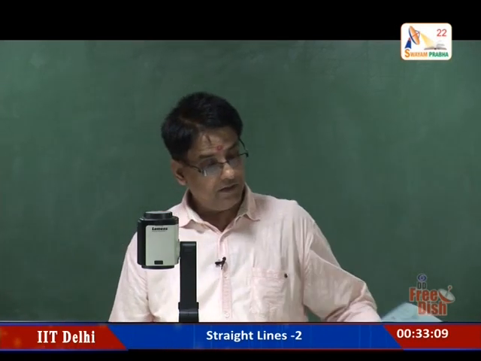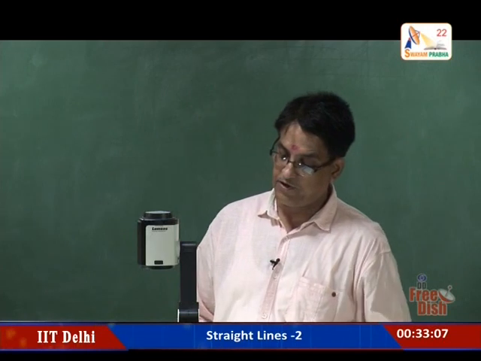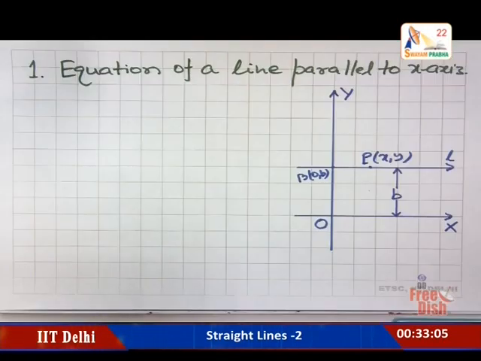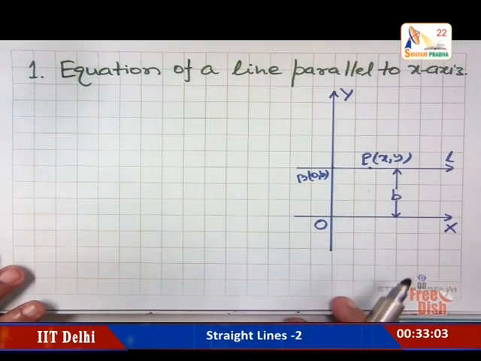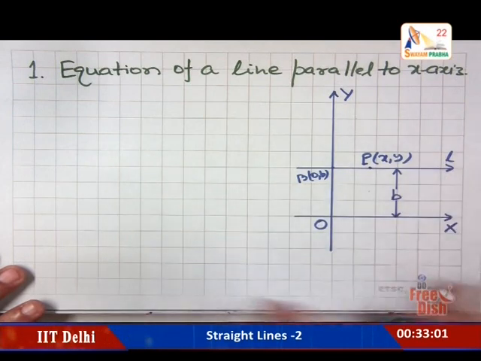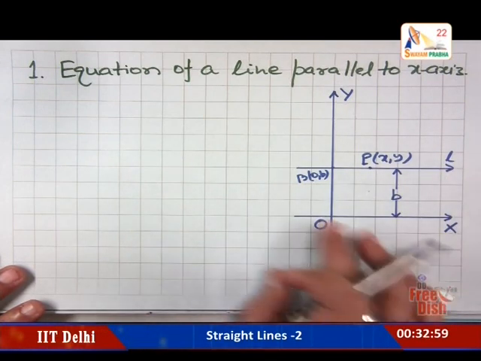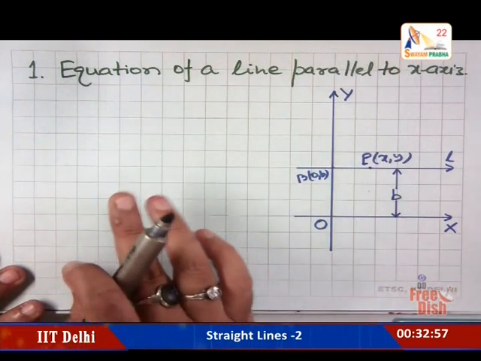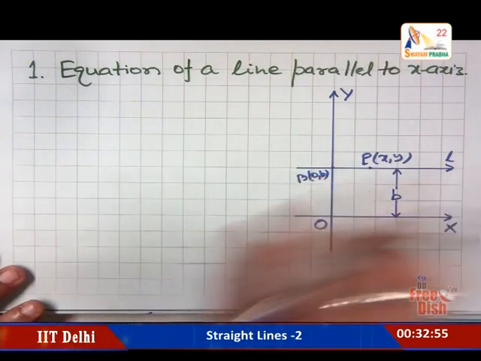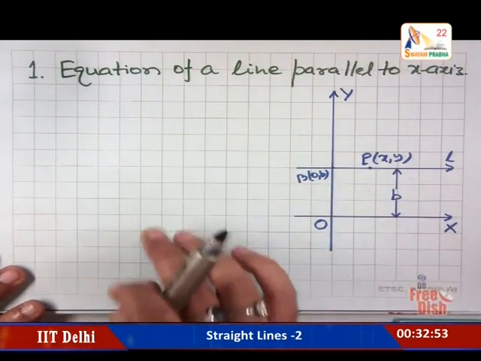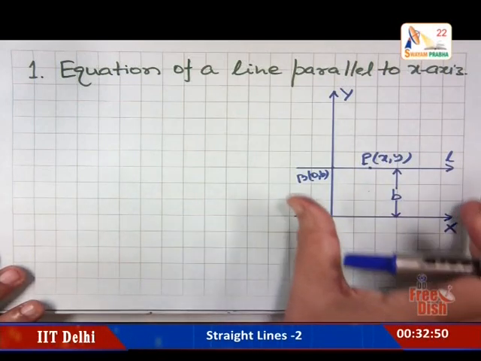Now the very basic equation of a line parallel to the x-axis. Here we have a coordinate system, this is the x-axis, this is the y-axis, and this is a line L which is parallel to the x-axis. Then what will be the equation of this line L?